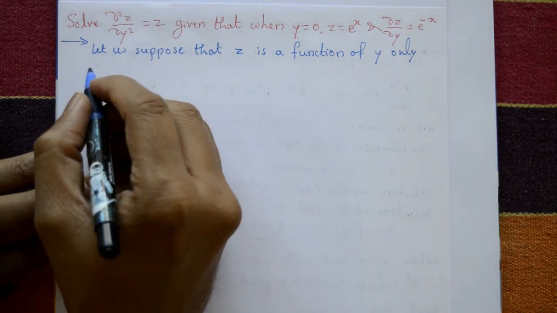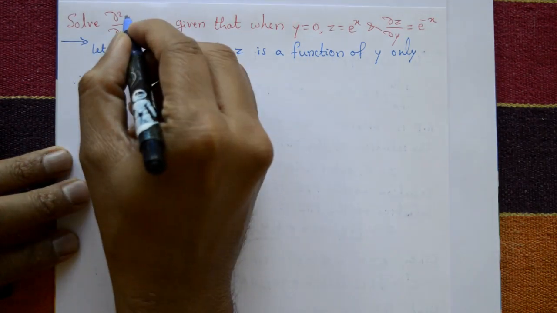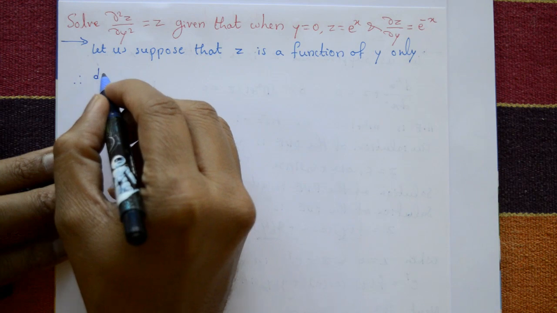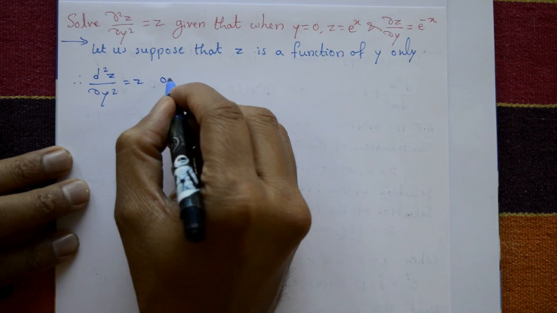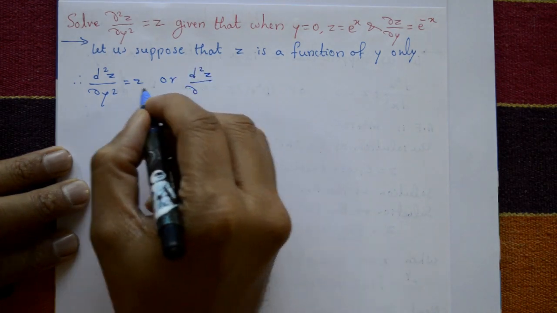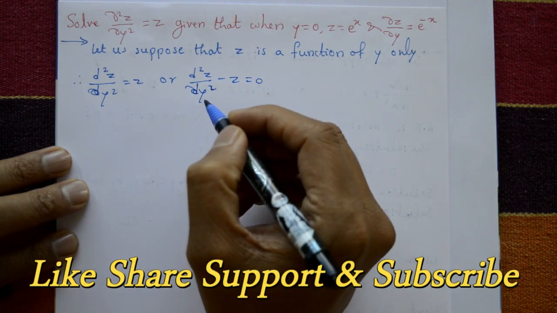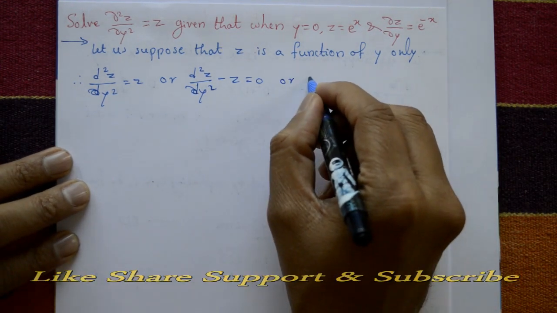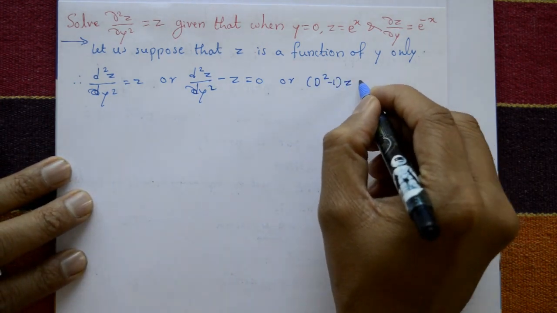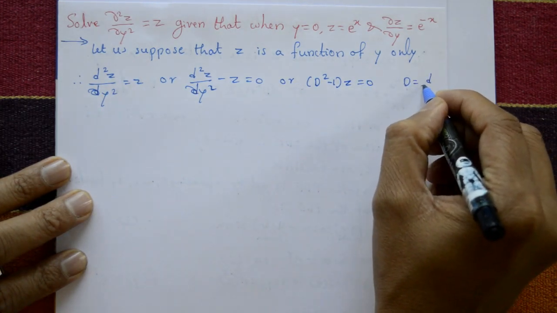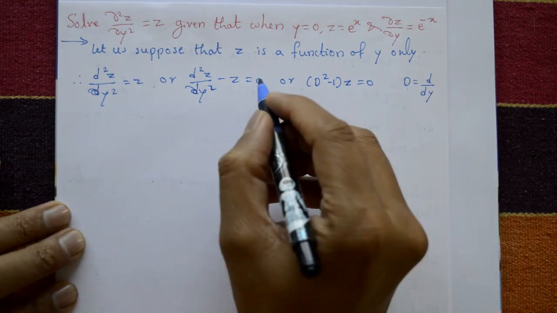Now converting this PDE into an ODE: this is a partial differential equation and this is an ordinary differential equation. d²z/dy² = z, or d²z/dy² - z = 0, or (D² - 1)z = 0, where D stands for d/dy in this example.